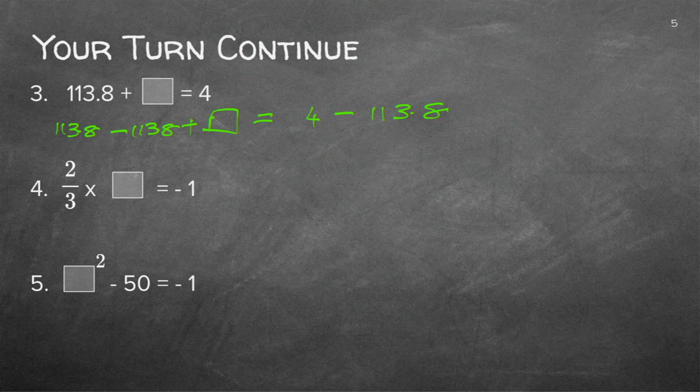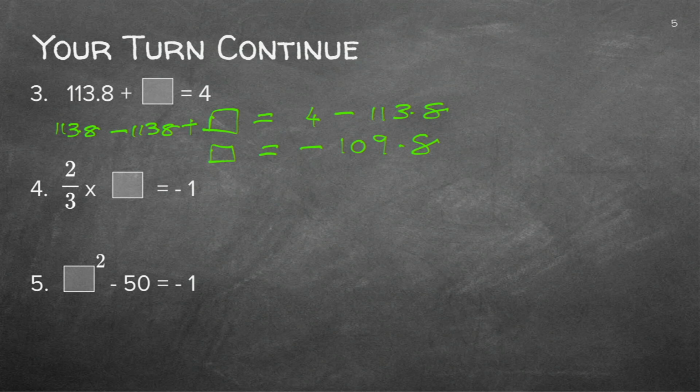So that's why what we do this side, we do that side. So the block then will be 4 minus 113.8. So it's going to be minus 109.8. So you can always then check your answer by putting this minus 109.8 in the block and see if you get 4.